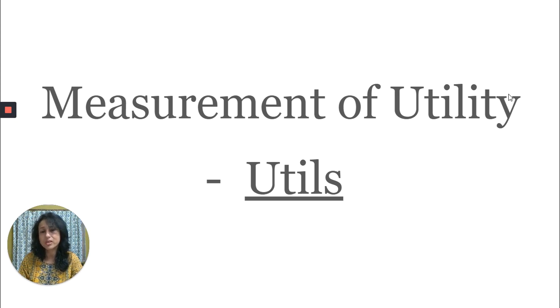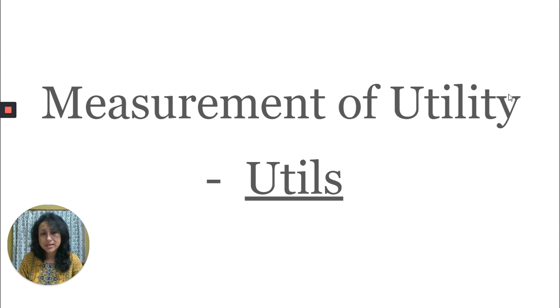This cardinality theory is also called the Marshall concept. According to cardinality, all the goods and commodities in the economy which give us satisfaction, we can measure in terms of units.